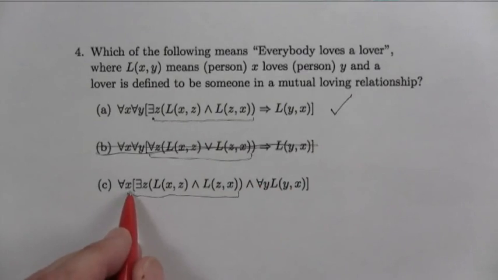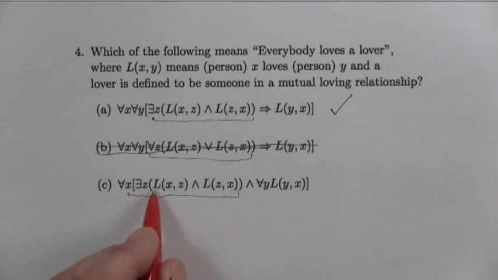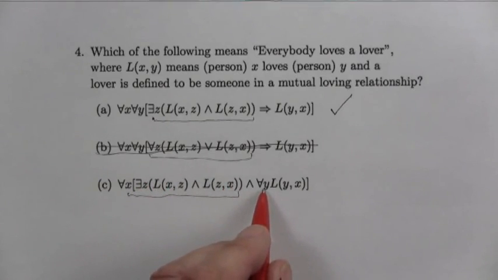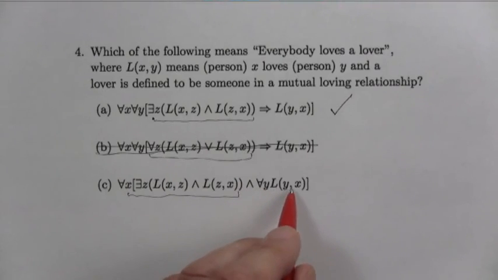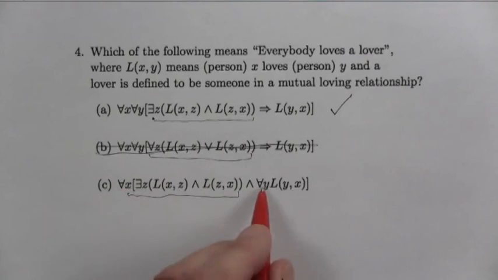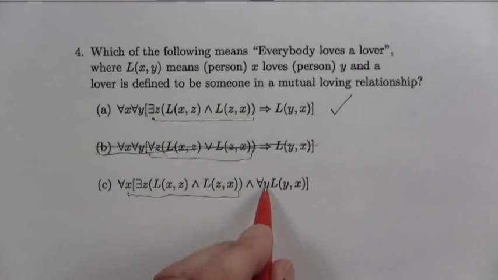So it says for all X, if X is a lover, then, well, it doesn't say then, it says and for all Y, Ly, X. So the for all actually applies to this part as well. So what follows from this is that for all X and for all Y, Ly, X.